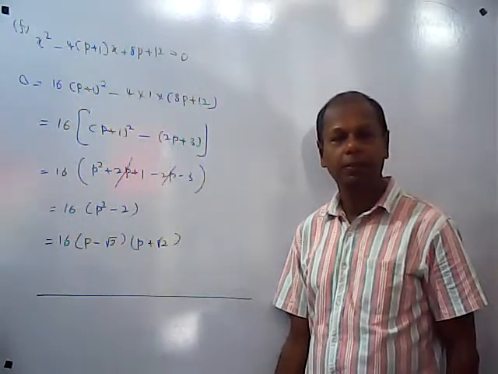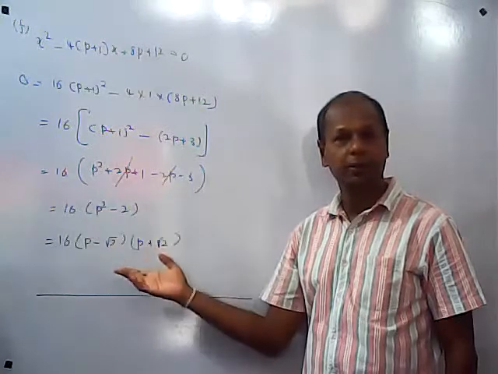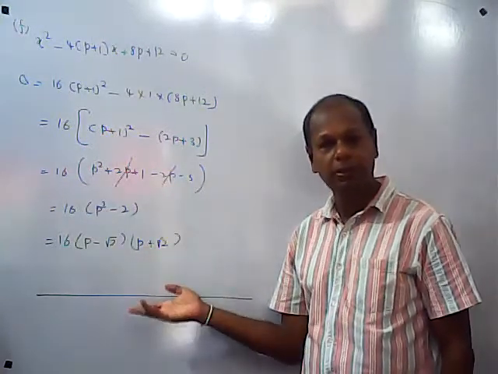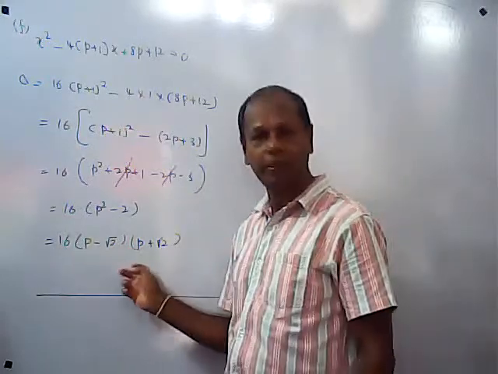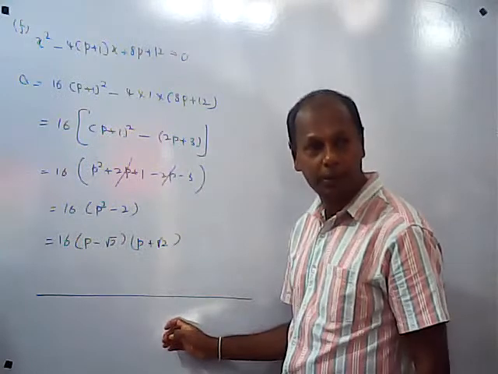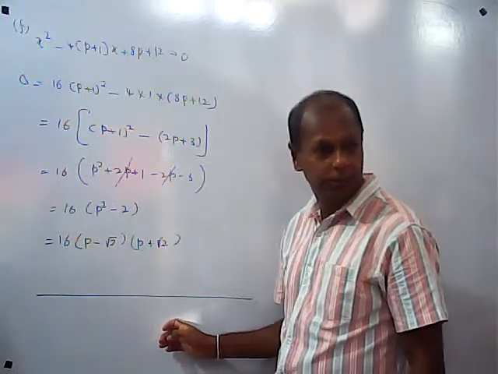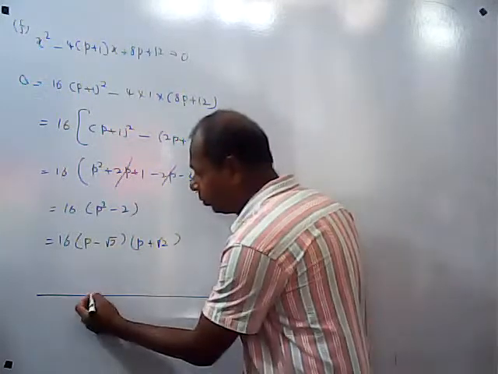Once you have the factors, delta can be anything. It can be greater than 0, equal to 0, or less than 0, so it's an inequality that you have to describe. First mark the real line. What do you mark? Minus root 2 and plus root 2.